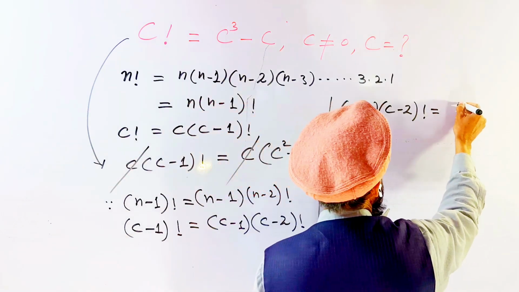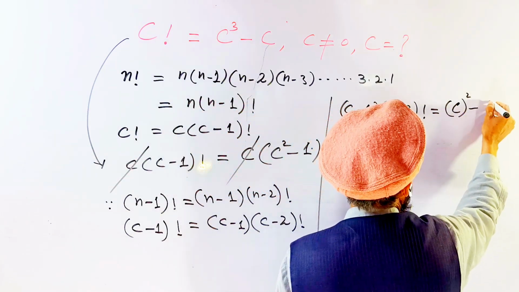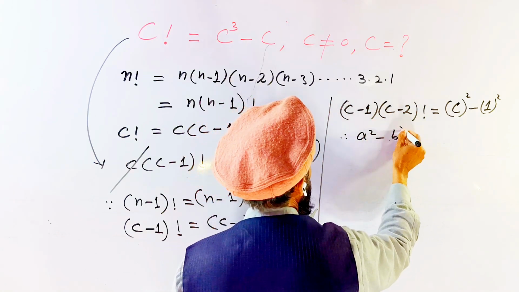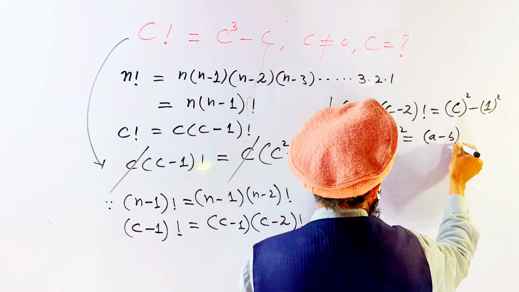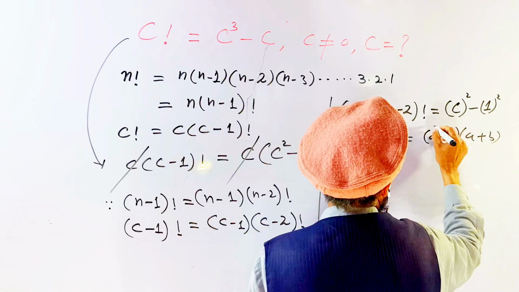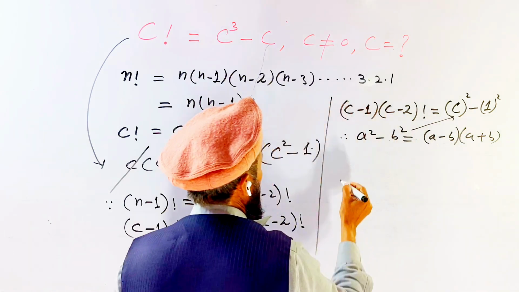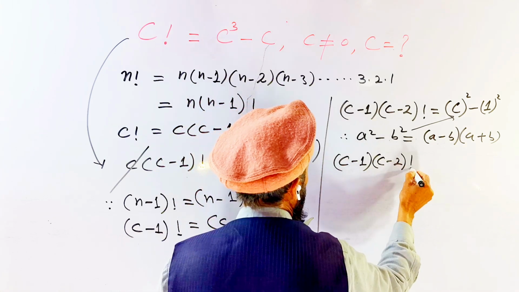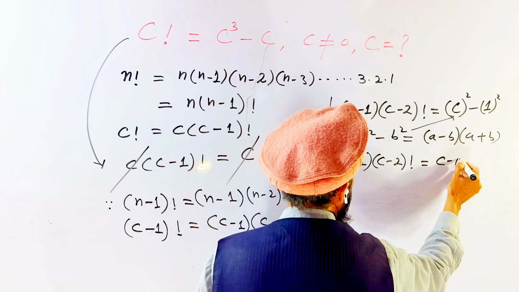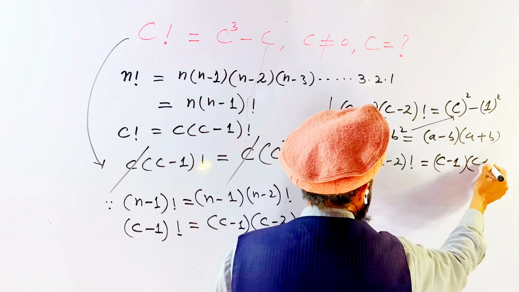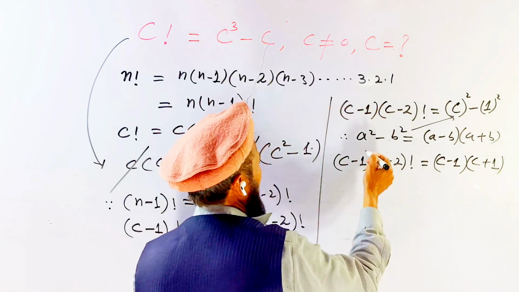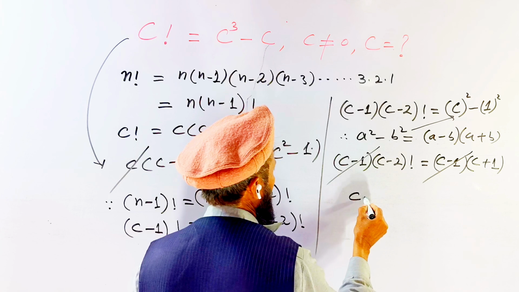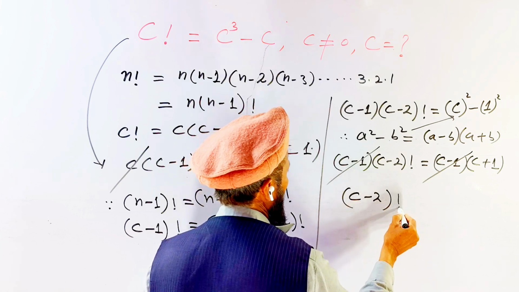We use the formula A square minus B square is equal to A minus B into A plus B. So C minus 1 into C minus 2 factorial is equal to C minus 1 into C plus 1. Dividing both sides by C minus 1, C minus 2 factorial is remaining.